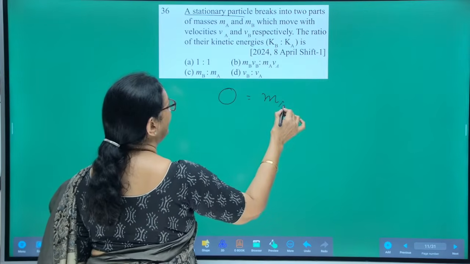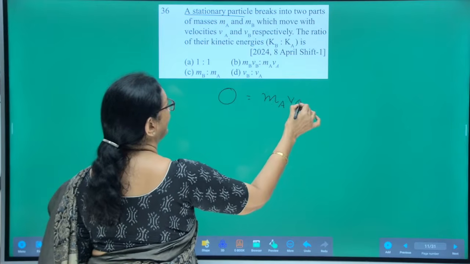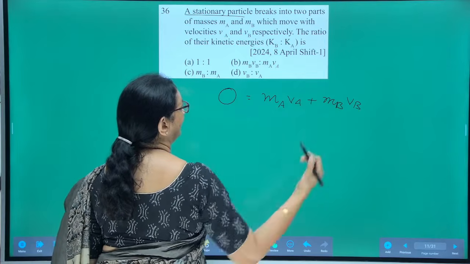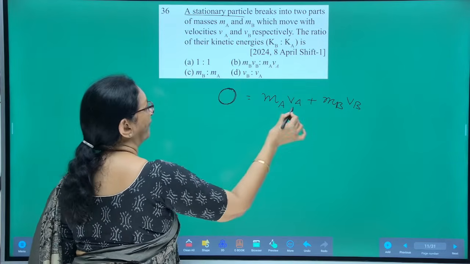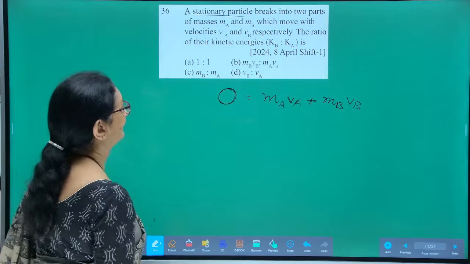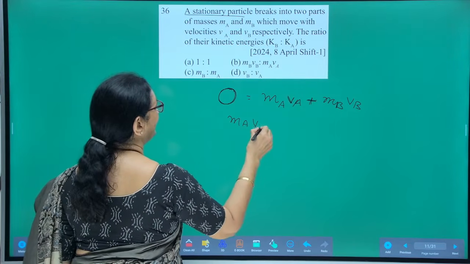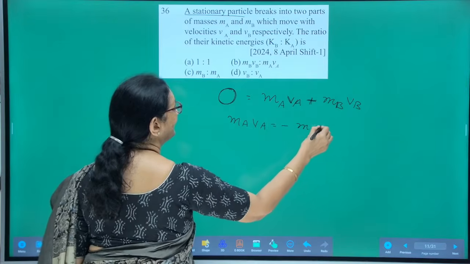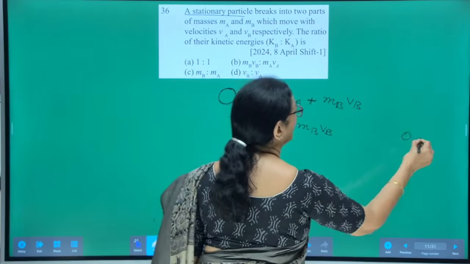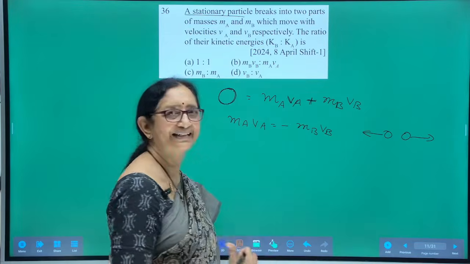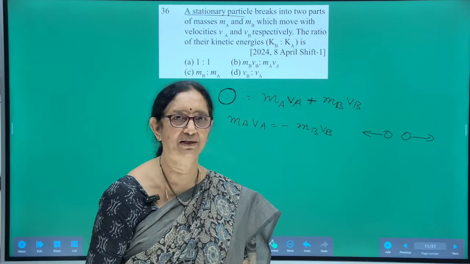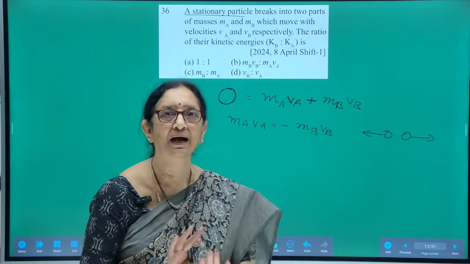One piece of mass ma moves with velocity va, and another piece mb moves with velocity vb. So, total momentum before is equal to the total momentum of the system after splitting. This implies ma va is equal to minus mb vb. This negative sign merely says if one piece moves in this direction, the other piece moves exactly in the opposite direction. Negative sign indicates their velocities are in opposite direction. So, the magnitudes of their momenta are same.